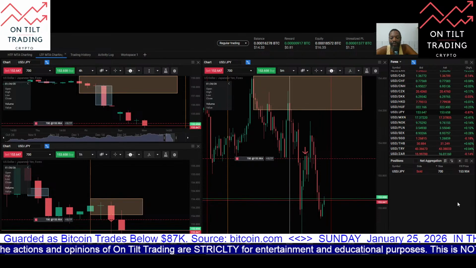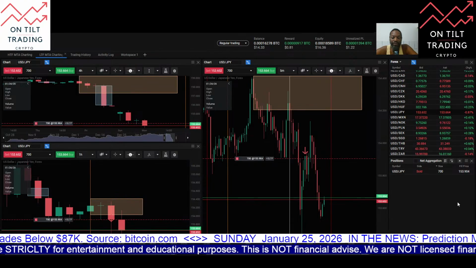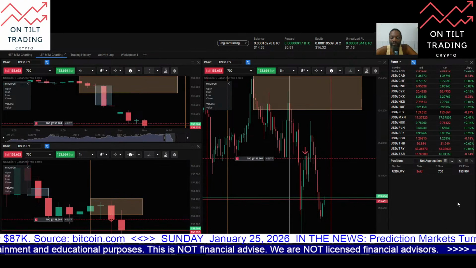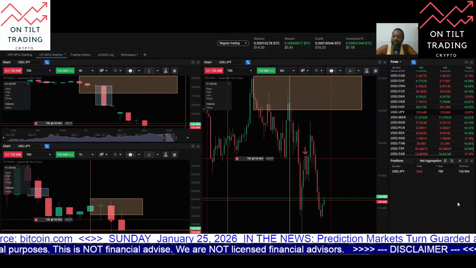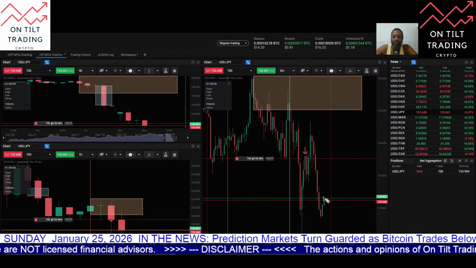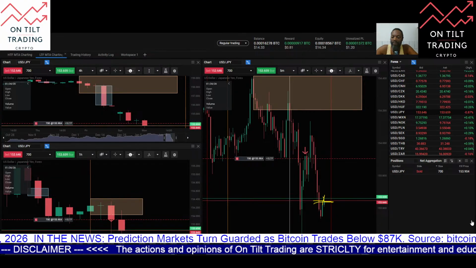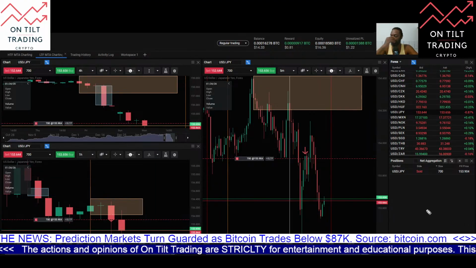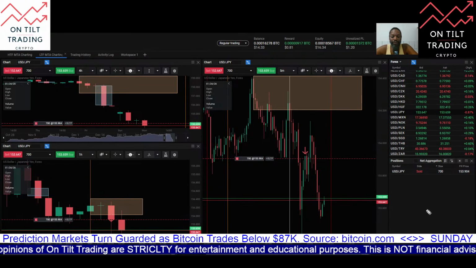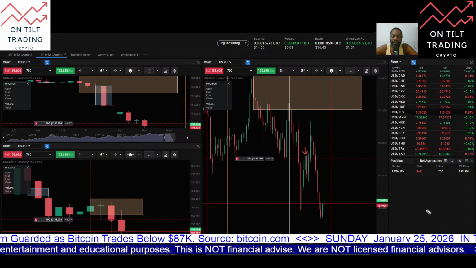And we could see somewhat of a reaction here as price is trading into this lower fair value gap. You can see this wick here showing, to me, that would be an indication of orders in this fair value gap being filled, and then price being able to deliver to the sell side.